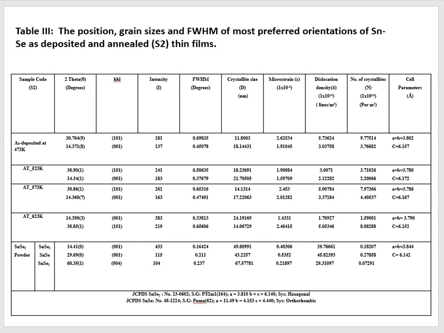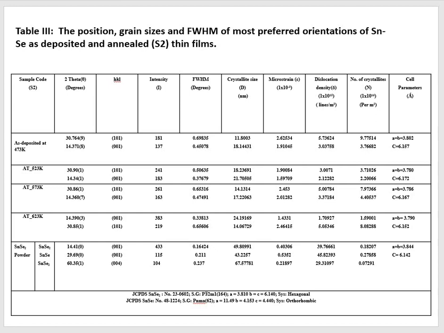Similarly, the intensity values corresponding to the 101 most significant peak are found to vary from 181 to 261 with the increase in the annealing temperature up to 573 Kelvin, and the average crystallite size of 101 is found to vary from 11.80 nanometer to 14.06 nanometer.